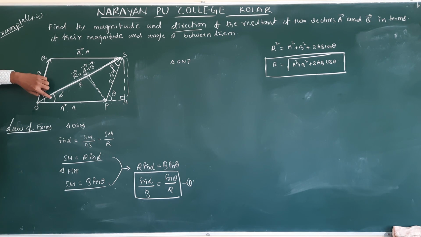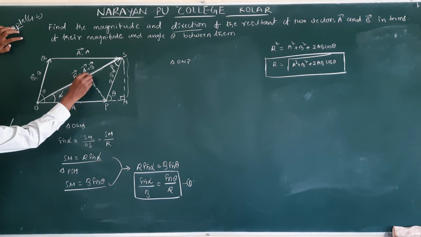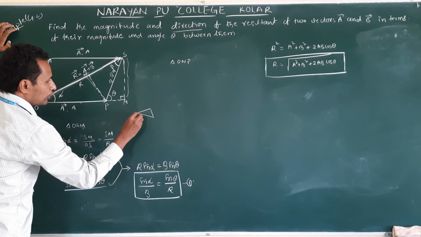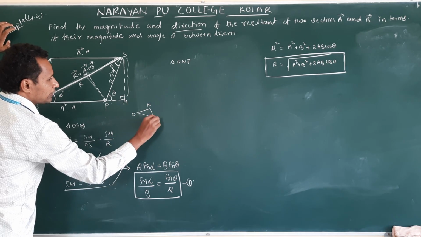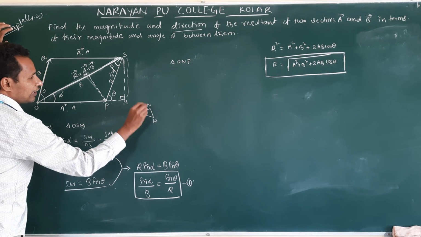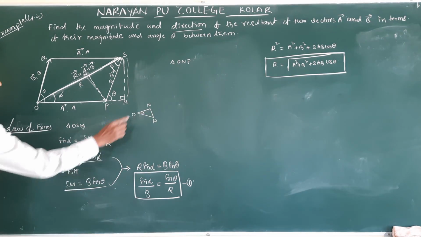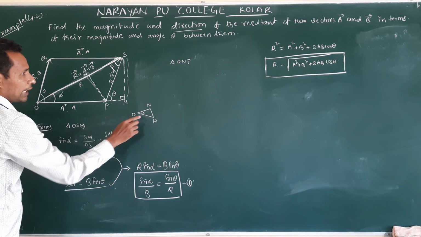This is the angle alpha. Opposite side, adjacent side, hypotenuse.